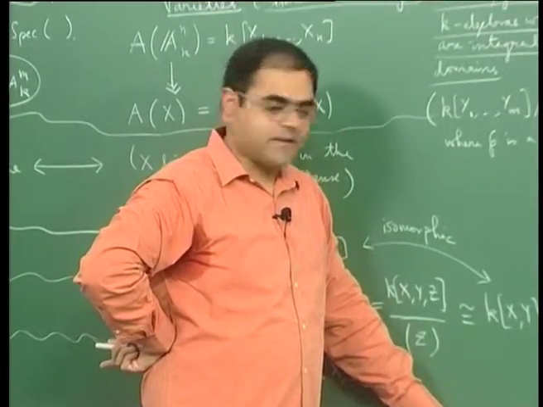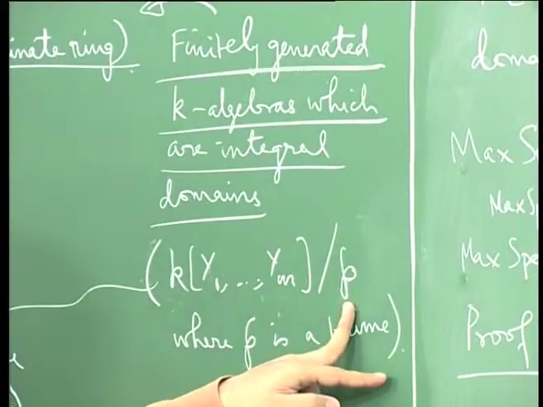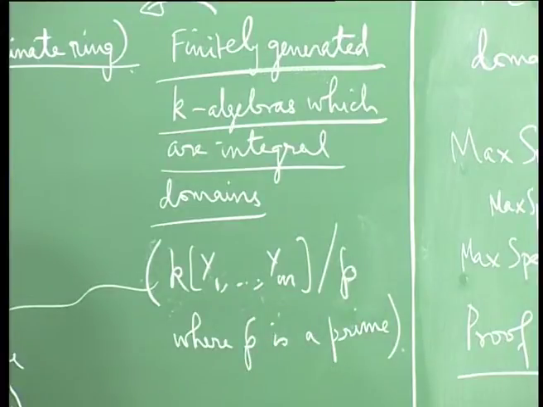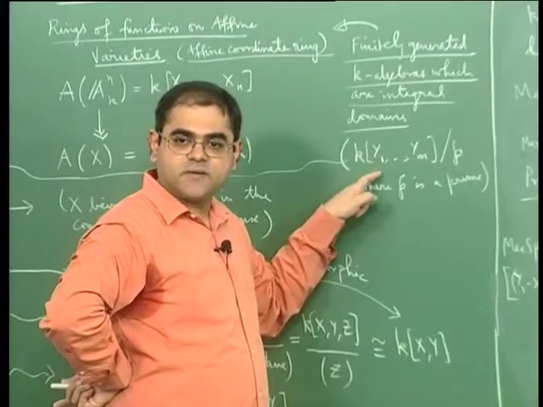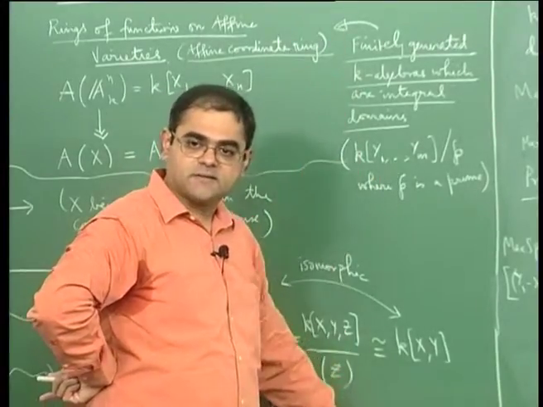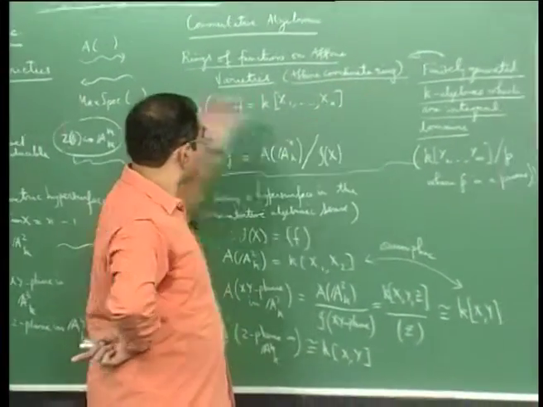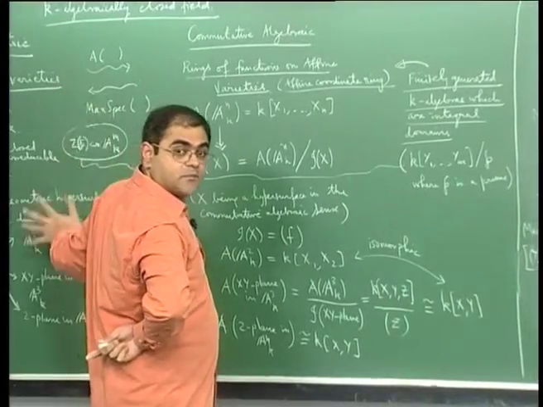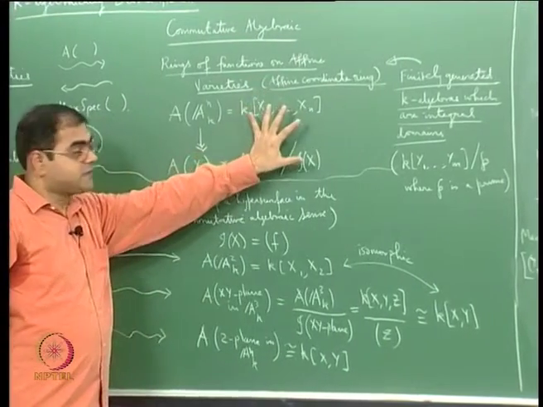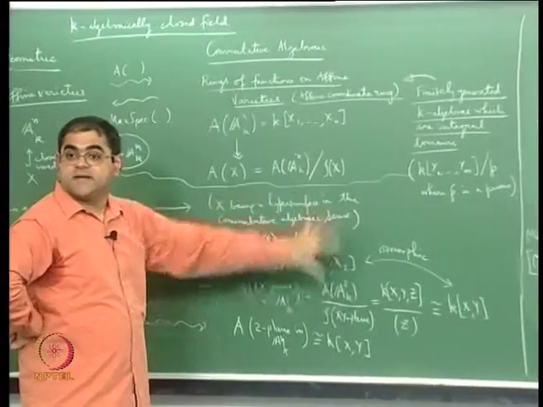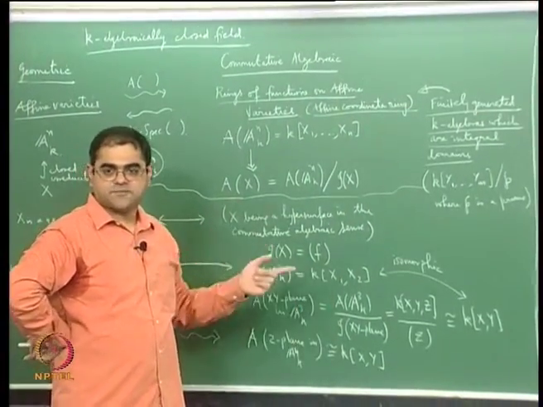But in any case I will get exactly a polynomial ring in m variables divided by a prime ideal in that polynomial ring, which will go to this prime ideal under an isomorphism between this polynomial ring in the y's and the other polynomial ring that I am thinking of. So the point is, if you start from here, go there and come back, what you will get is an object up to isomorphism of varieties. And conversely, if you start with an object here, go there and come back, what you will get here is an isomorphism of rings. So that's what happens.